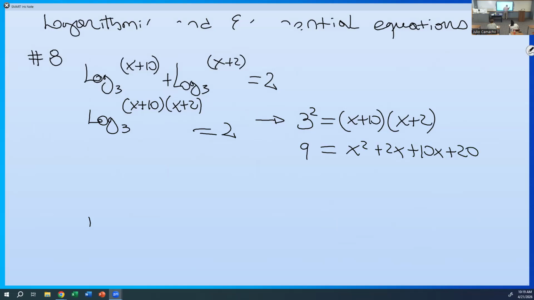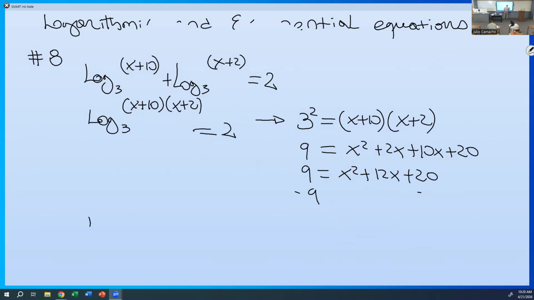So I can combine my middle terms: 9 is equal to x squared plus 12x plus 20. What do we do now? Subtract the 9 from both sides.